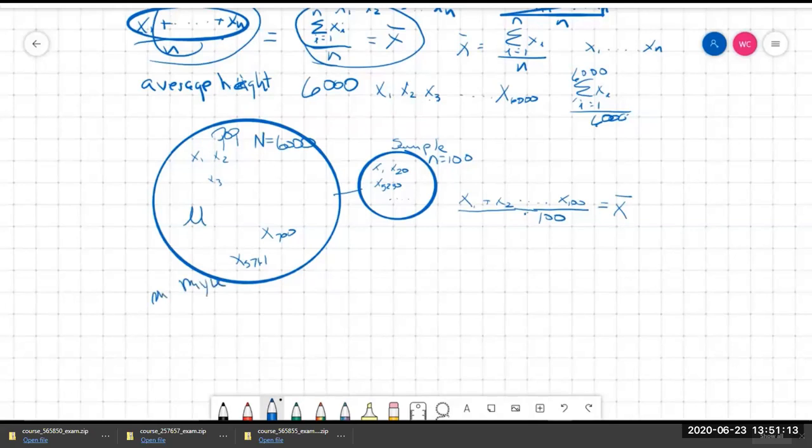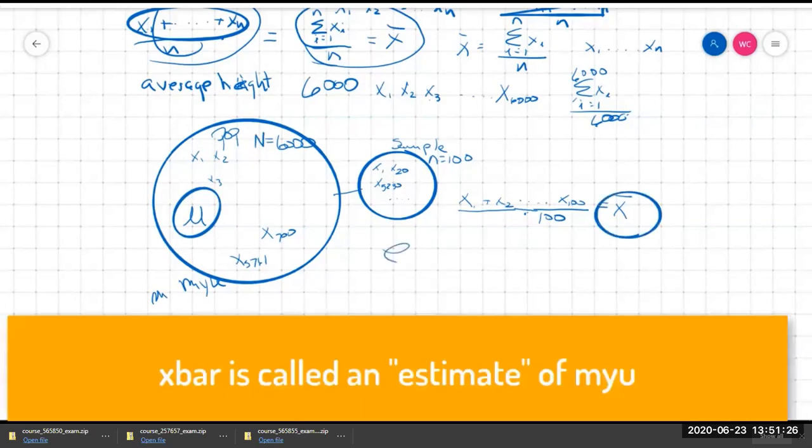Anyway, whatever it is, we're using that. So this is what we're trying to know, but we aren't going to actually calculate this. We're only going to calculate this. We're going to call that an estimate of mu. So x bar is called an estimate of mu.